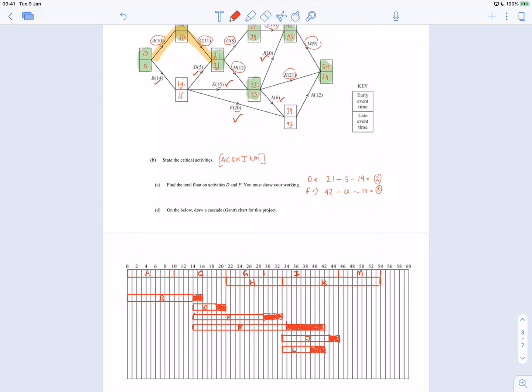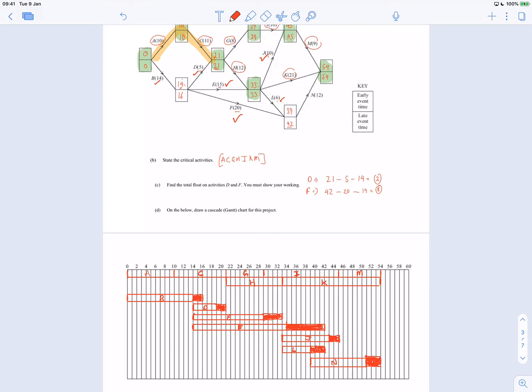It's L done, and then N, earliest start times, that's a 39, which is down here, and it's 12, so 39 add 12 is going to go up to 51, which is, oh, these lines are hurting my eyes. There's 51, so this is N, and then that can go up to the 54, which is here. So that's got a nice little slack of 3.